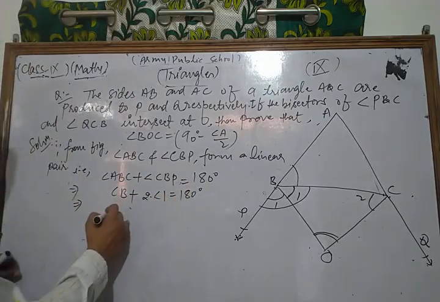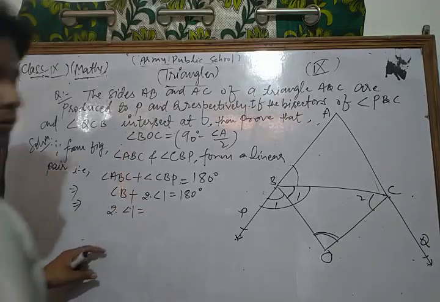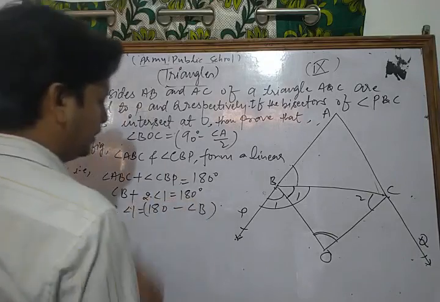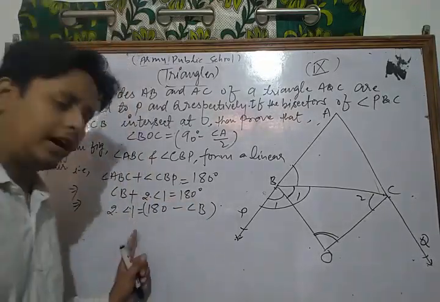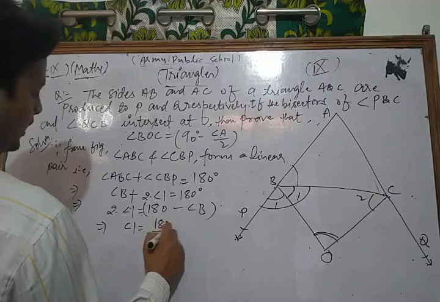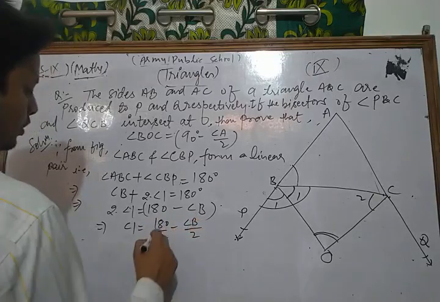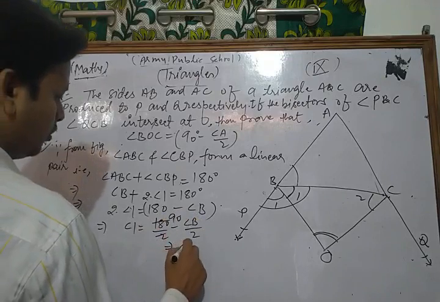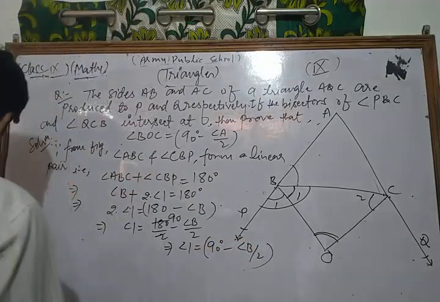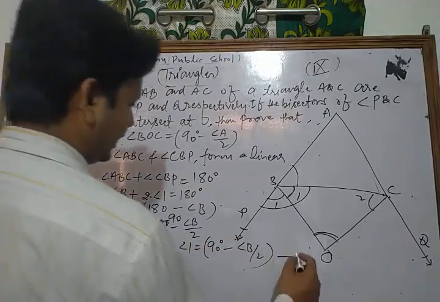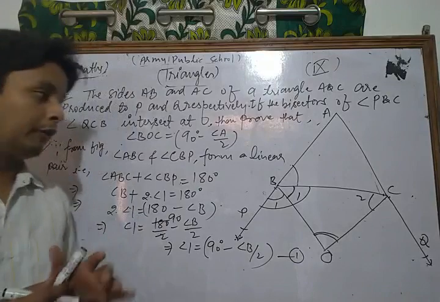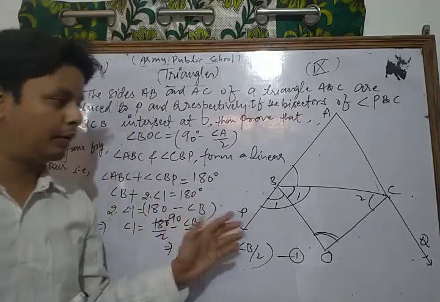Now from there, 2 times angle 1 is equal to 180 degrees minus angle B. So the value of angle 1 is equal to 90 degrees minus half of angle B. We take this as equation 1.